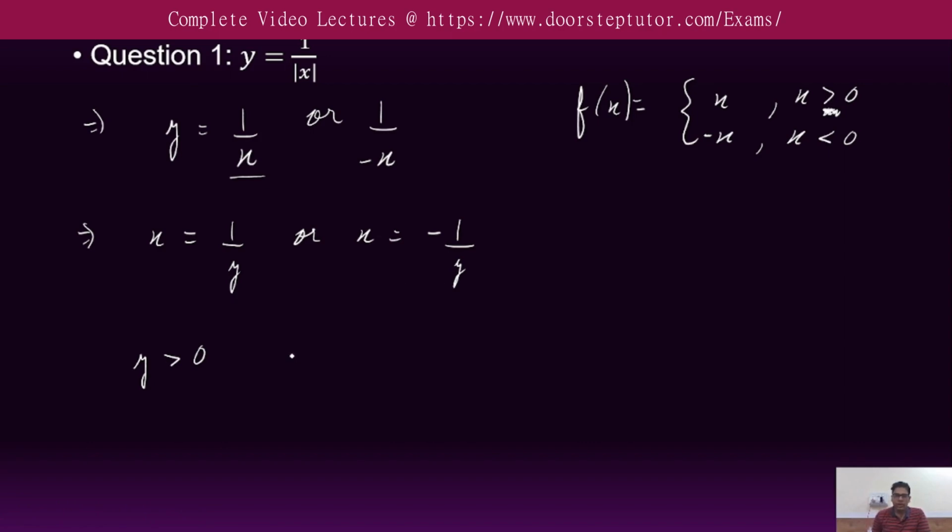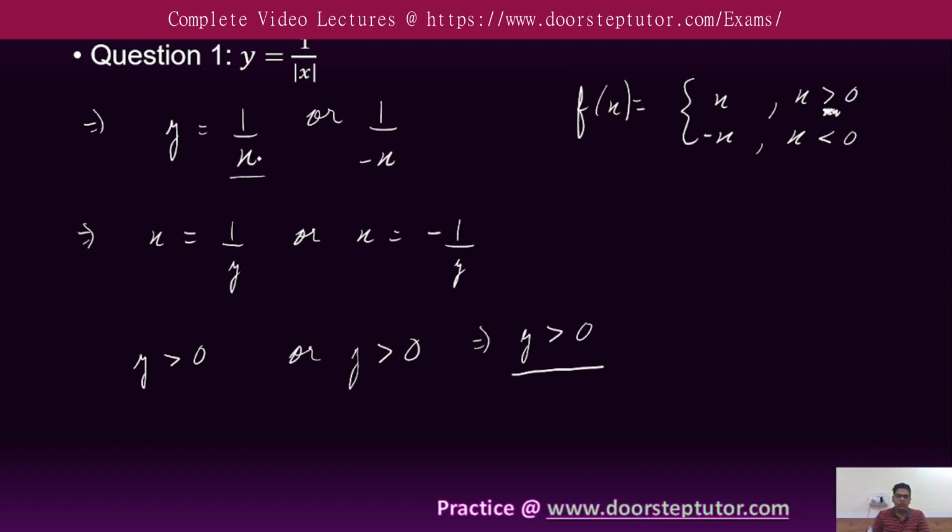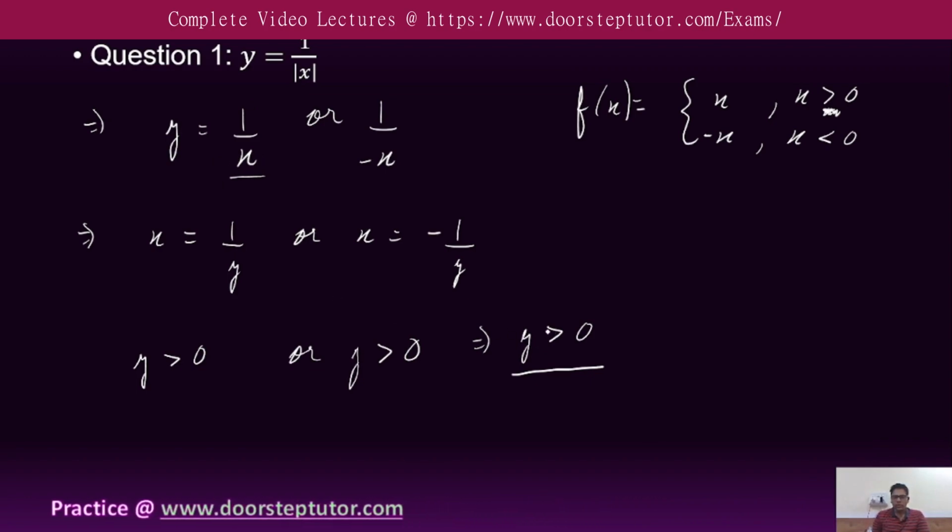Then also it will be positive, so the value of y will be greater than 0. That's how we solve it. It will not be equal to 0, because to become 0 here, we don't have any value that we can put in. So the value of y would always be greater than 0.